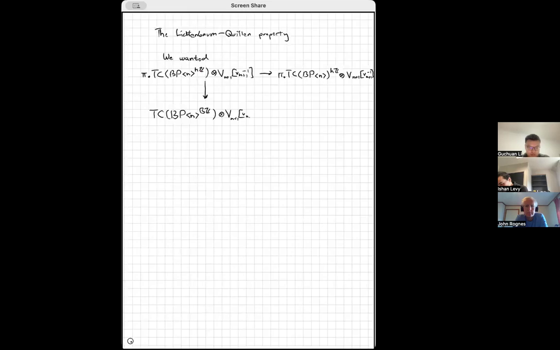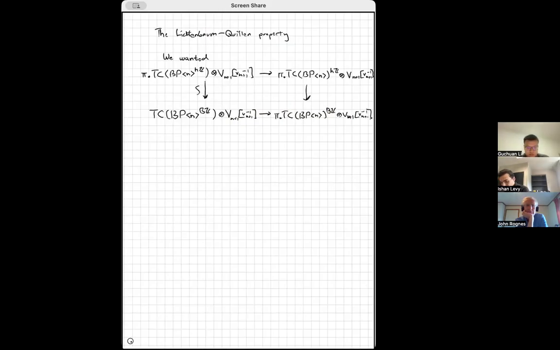And so what I want to tell you today is how this Lichtenbaum-Cullen property is the key property that allows you to replace the action with the trivial action, thereby allowing you to check that this map is not an equivalence. So we wanted to replace this map with the map coming from the trivial action, which we saw last time is easier to show is not an equivalence.